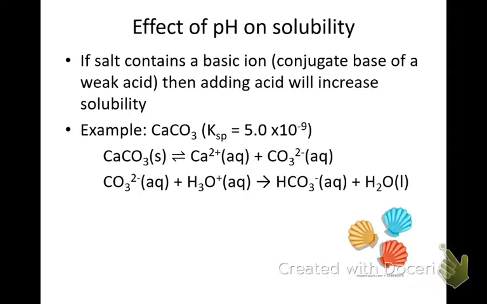The next one is the effect of pH on solubility. If the solid is the salt of, say, a basic ion, meaning the conjugate base of a weak acid, then adding acid will increase the solubility. So, for example here, calcium carbonate is sparingly soluble in water.